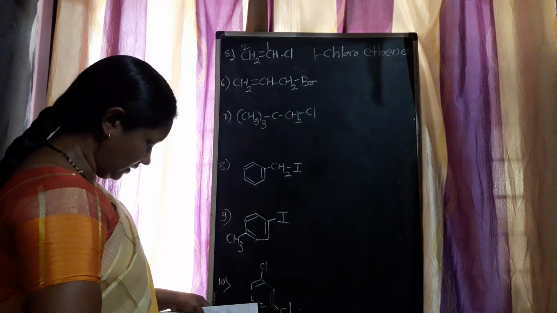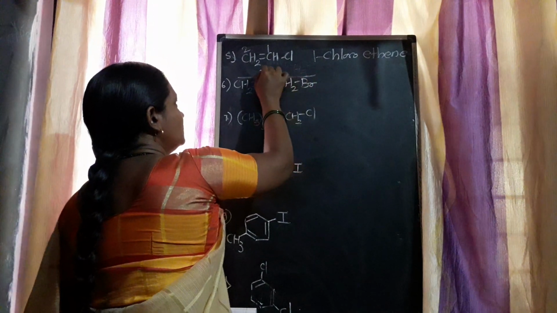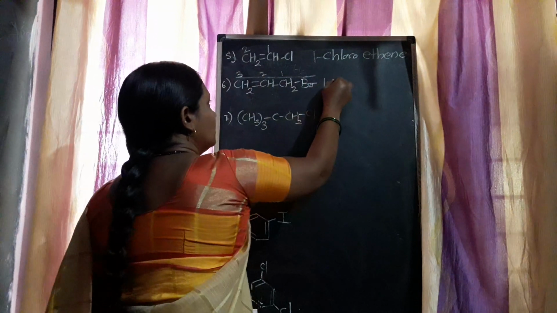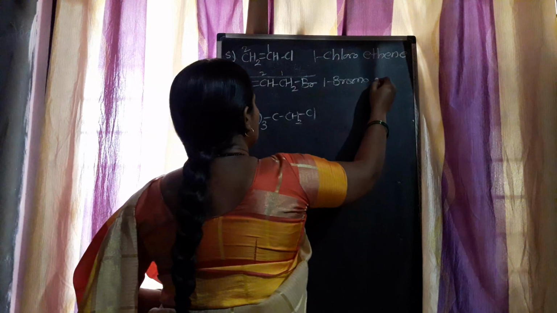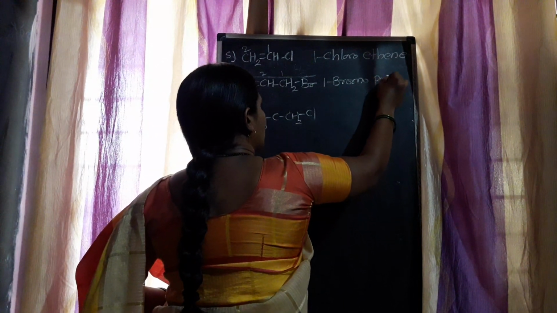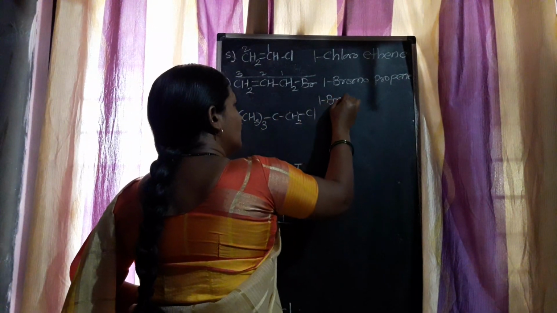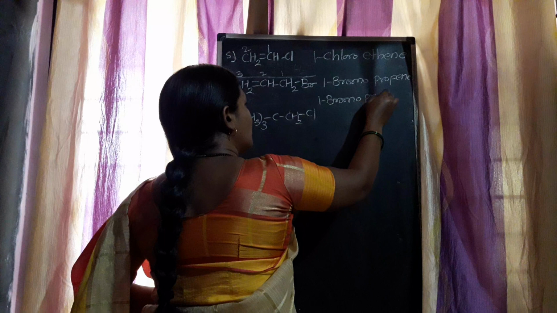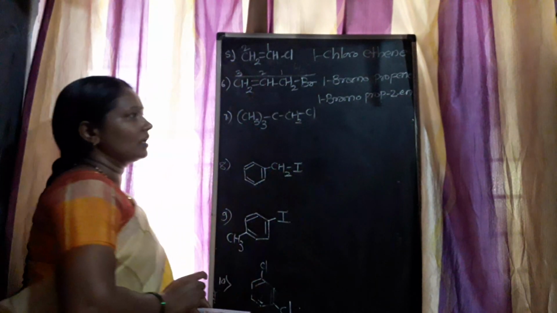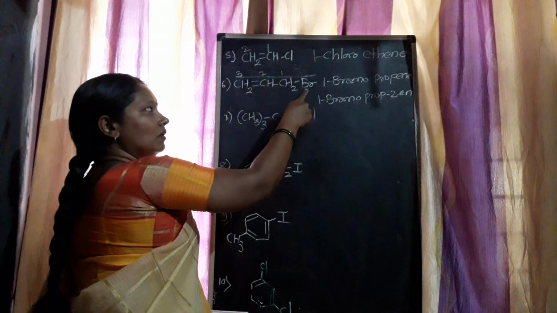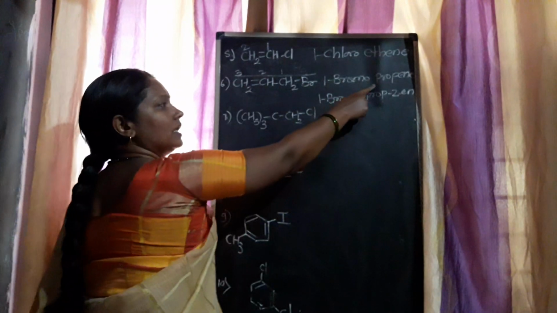Now next one, this is the long chain 1, 2, 3. 1-bromo propane, or you can also write 1-bromoprop-2-ene. 1-bromo, in the long chain three carbon atoms are present and alkene is also present, therefore propene.